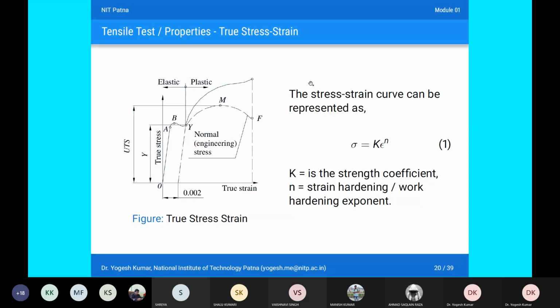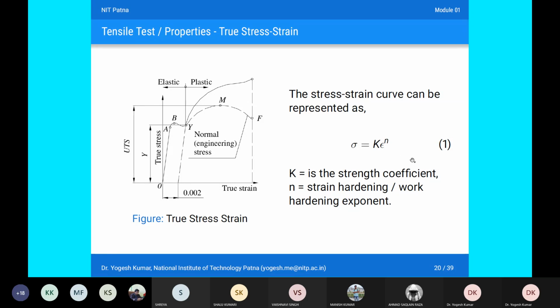And if you try to represent this stress strain curve, you can represent it using this formula, that is sigma equal to k epsilon^n. Here k is your strength coefficient, n is your strain hardening or work hardening exponent. Maybe you have studied this equation, sigma equal to k epsilon^n, in your manufacturing course also.